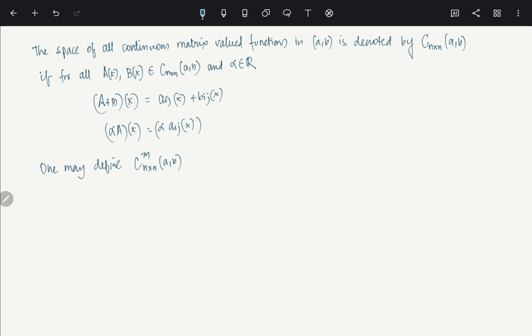So basically this is the space of all m times continuously differentiable functions, okay, continuously differentiable functions in [a, b], okay.